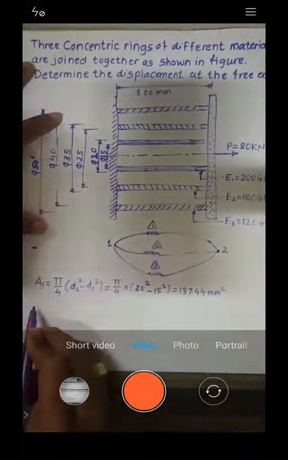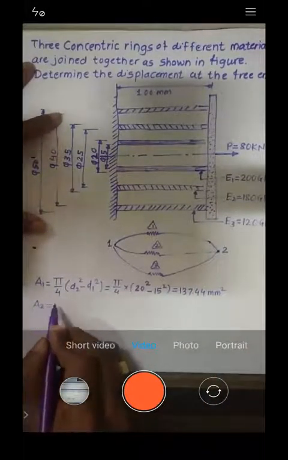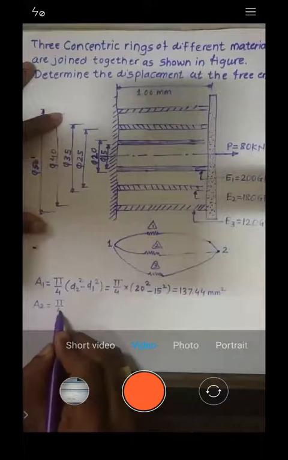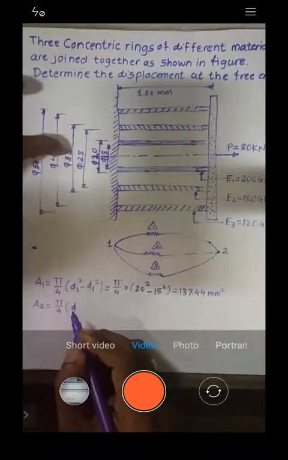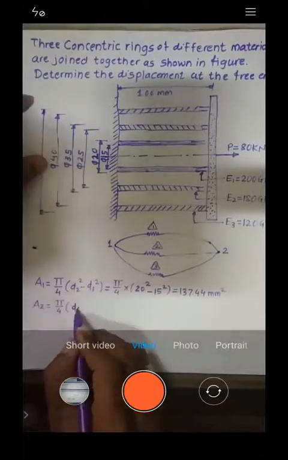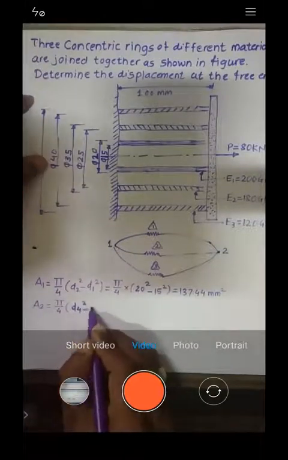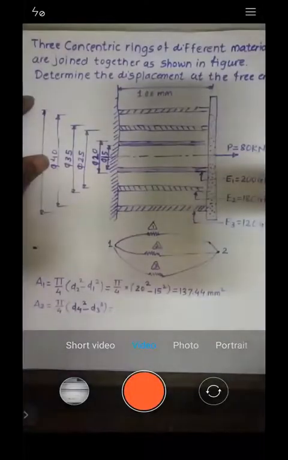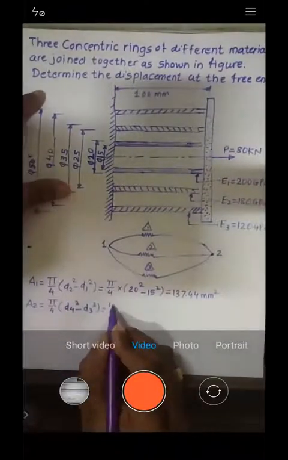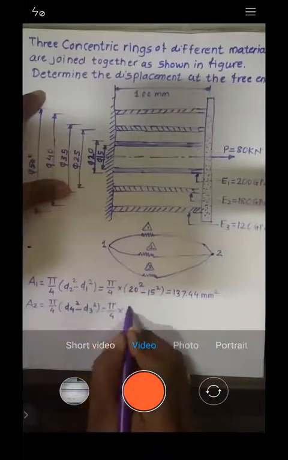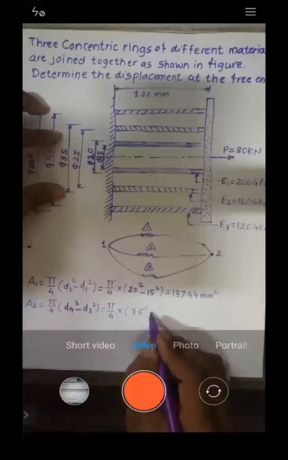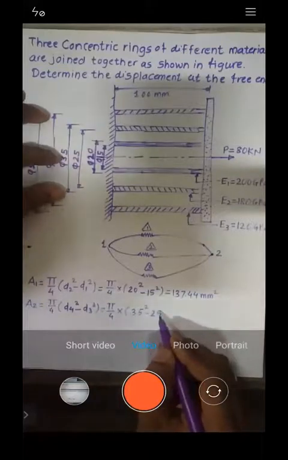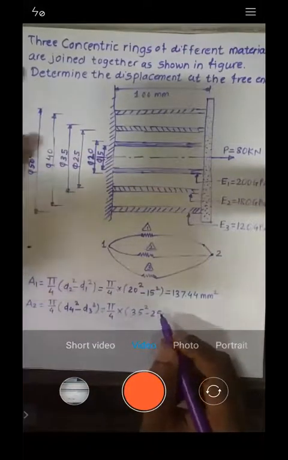Okay, A1 you have calculated. Now calculate A2. How will you calculate A2? It is pi by 4 again. For this one, this is D4 and this is D3. D4 square minus D3 square, right? So it is equal to pi by 4 into D4, which is 35 square, minus D3, which is 25 square. 35 and 25 for the second ring.